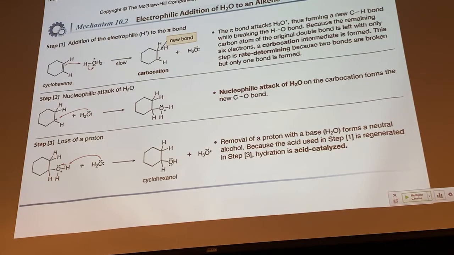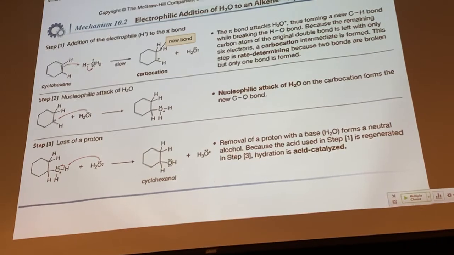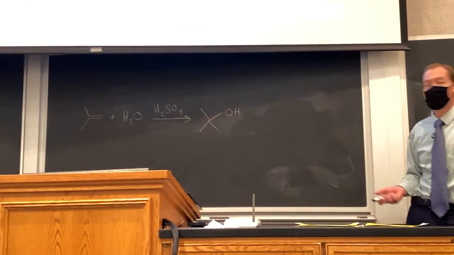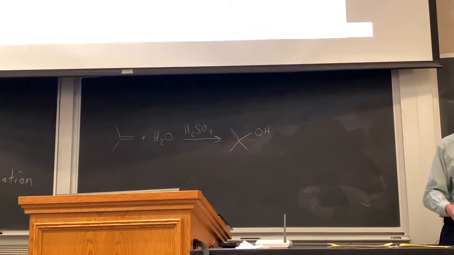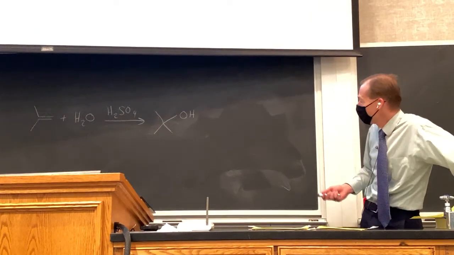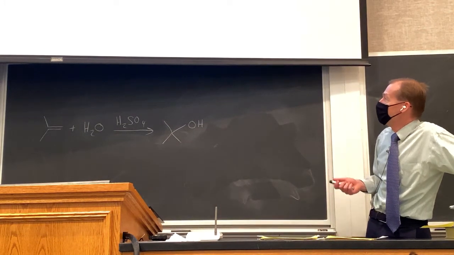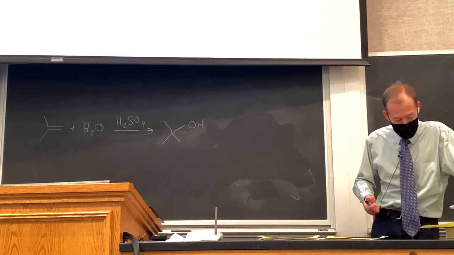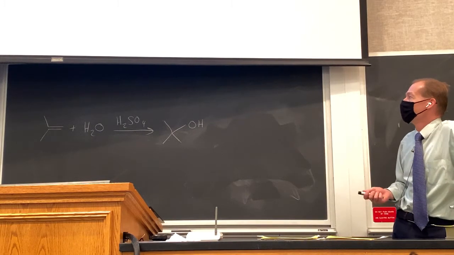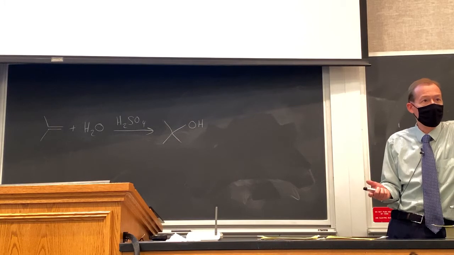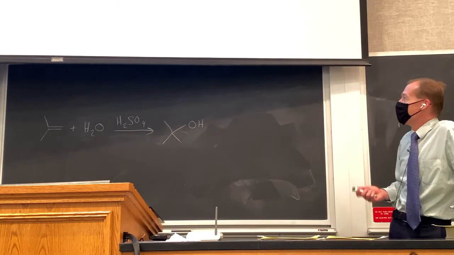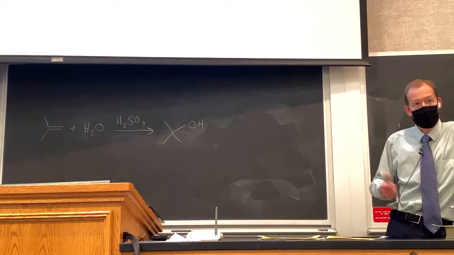And you can see that in the example I've drawn here on the board, we formed the more substituted alcohol. Okay. So Markovnikov's rule, just like with the hydrohalogenation reaction. Okay, next consequence is that we have both syn and anti-addition. We had that with the hydrohalogenation reaction, and so we see the same thing in the hydration reaction.